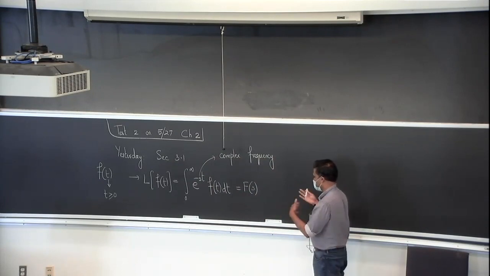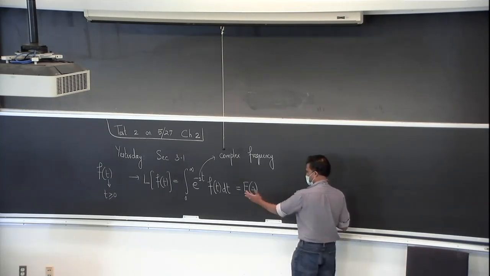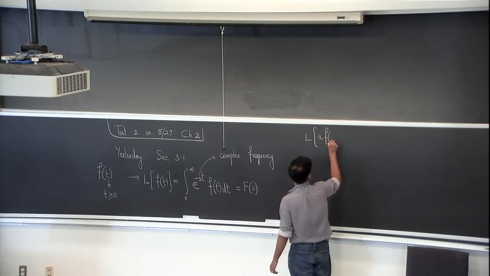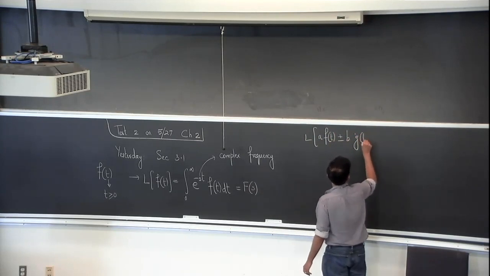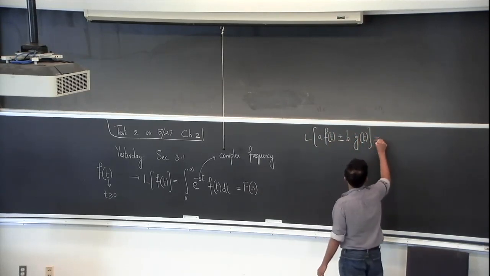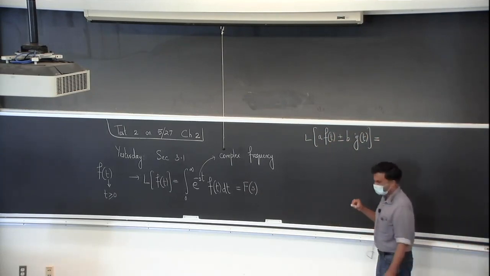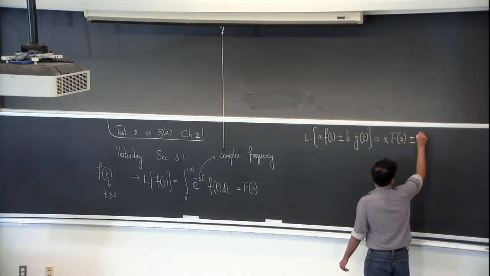That is what the Laplace table is listing. Instead of you doing this every time, there is a table of Laplace transforms which you should have when you do chapter 3. We derived a couple of those. The important thing is that it's additive, which means that if you have two functions whose Laplace transforms are given, you can add the individual Laplace transforms: a times F of s plus or minus b times G of s.